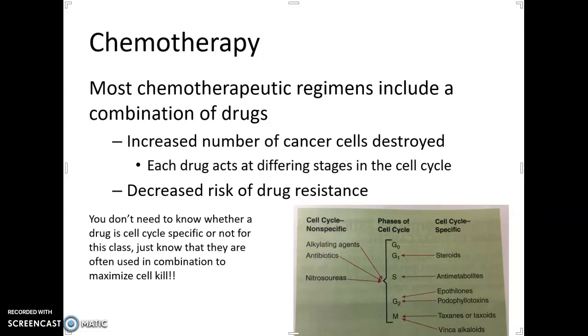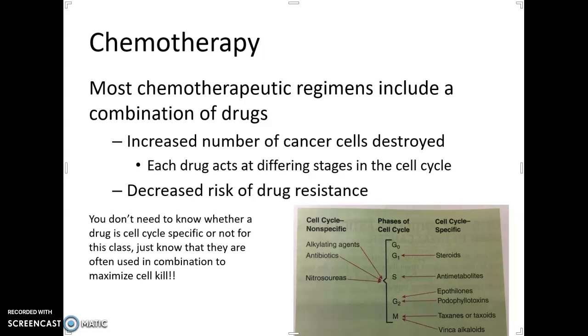So we've already talked about this cell cycle specific and cell cycle non-specific. And here's just kind of an interesting little chart that sort of tells you where the different classes of chemotherapies fall into. So things like antibiotics, like adriamycin, doxorubicin, those are cell cycle non-specific, meaning they kill the cell no matter what.